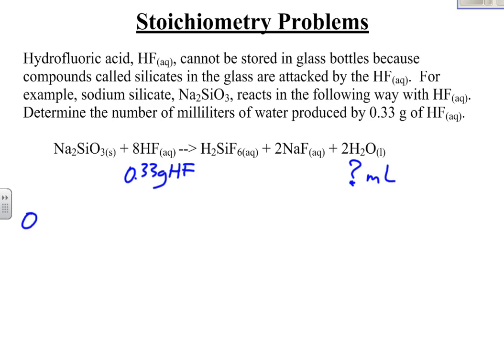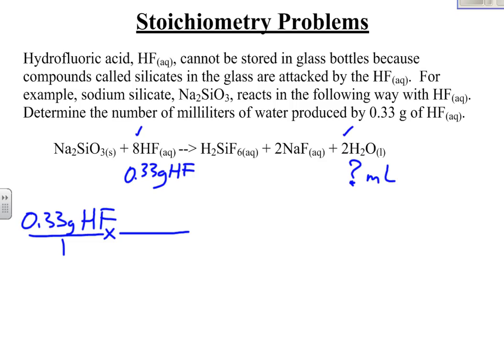We're going to take our hydrofluoric acid that we start with, put that over 1. Now the preliminary goal of this is, in order to get from the hydrofluoric acid to the water, we utilize the coefficients in the equation, the 8 and the 2.